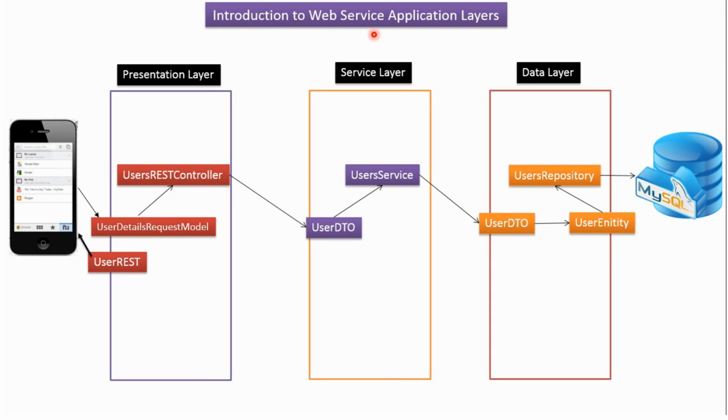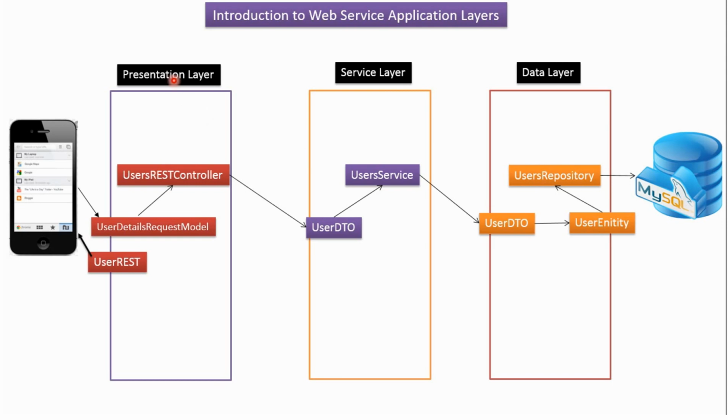Here we will see web service application layers. There are three layers. The first one is presentation layer, second one is service layer, and the third one is data layer. In presentation layer, we have user REST controller, in service layer, we have user service, and in data layer, we have user repository.